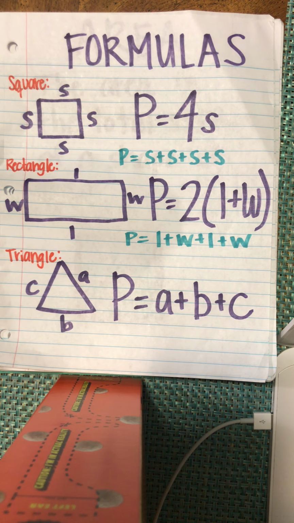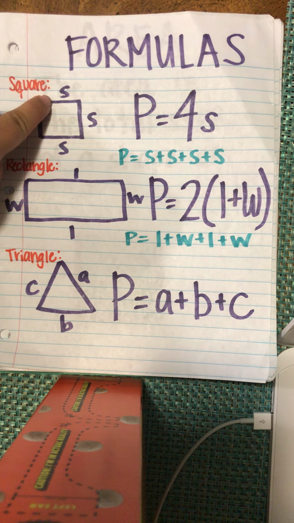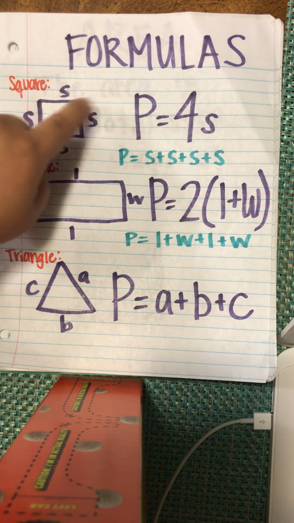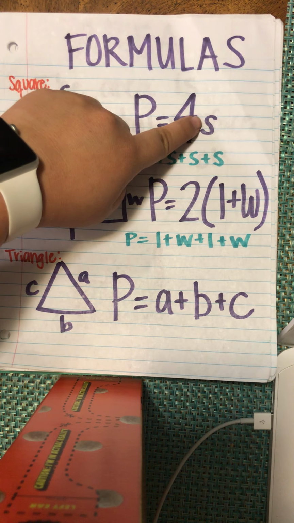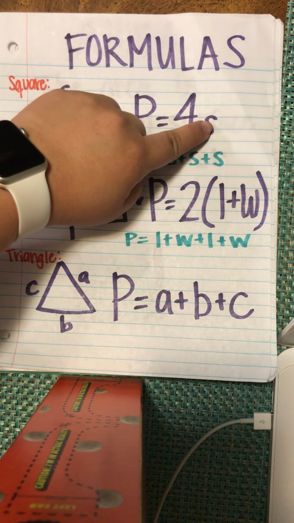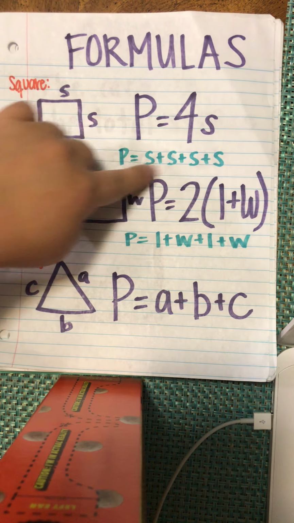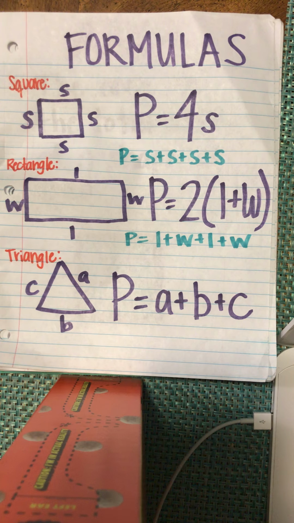We have the formula for a square, which is P equals 4S. The S stands for the sides. So if this side was a 2, you would input the 2 right here for the S, and that would be 4 times 2. Or if you would like to do it this way, you can do P equals side plus side plus side plus side.